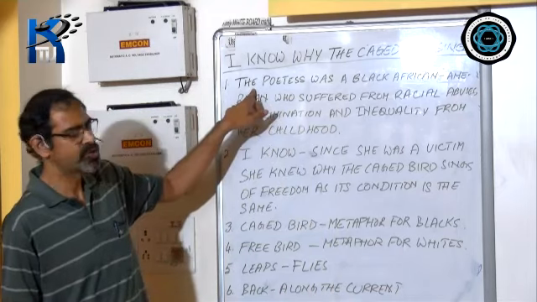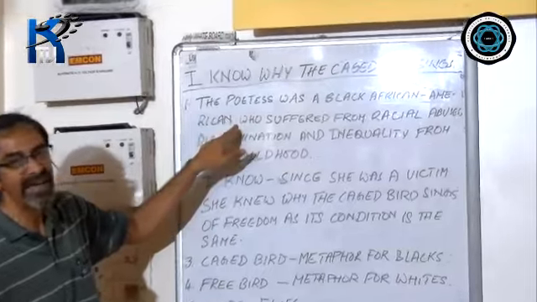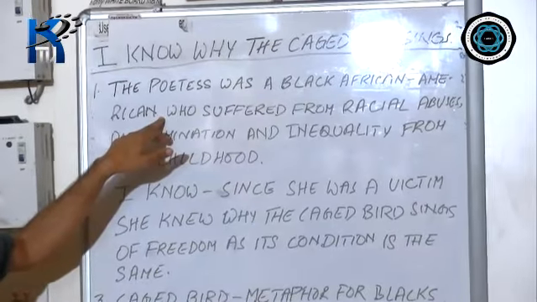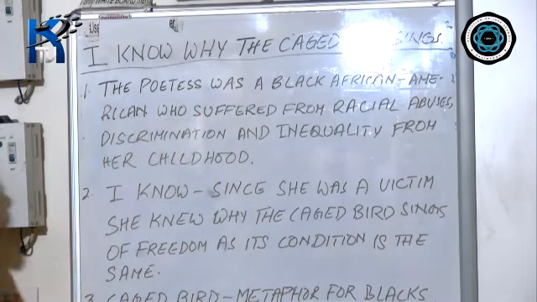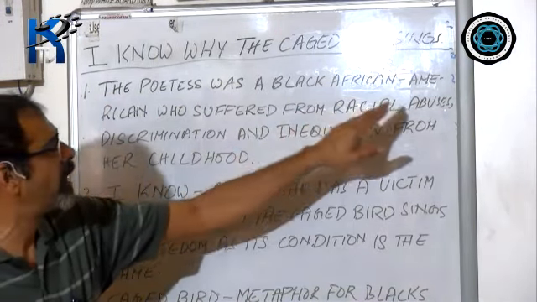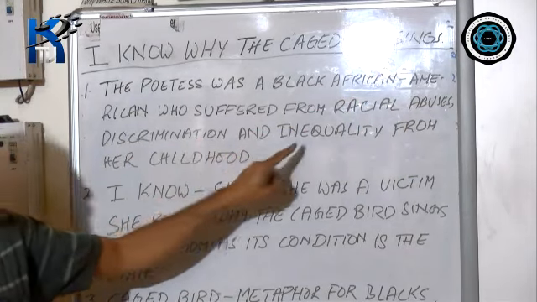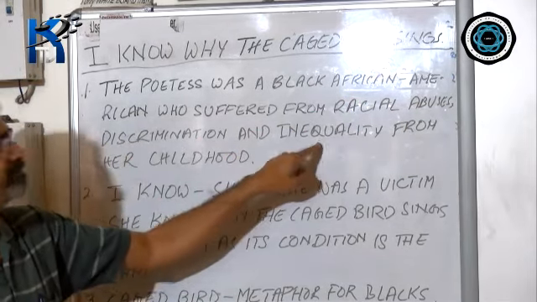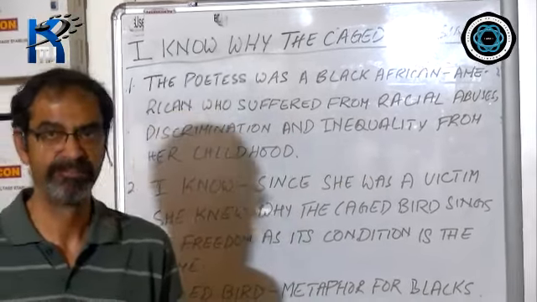The poetess was a black African American writer and a civil rights activist who, from her early childhood, suffered from racial abuses, racial discrimination, and racial inequality, obviously at the hands of the white.